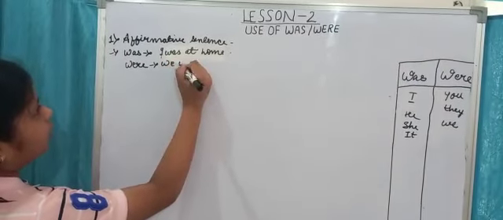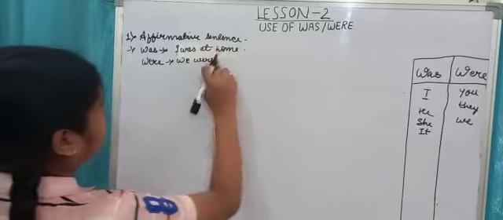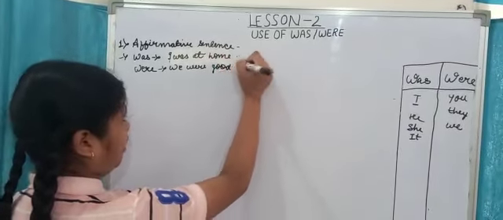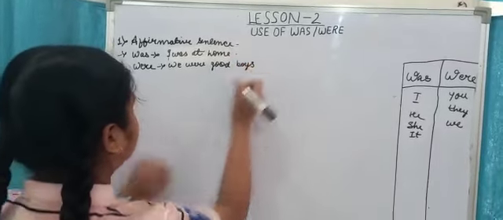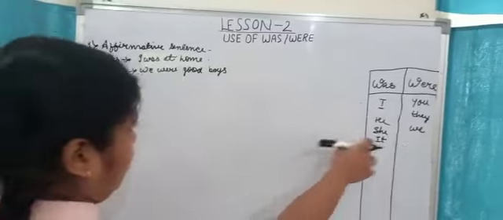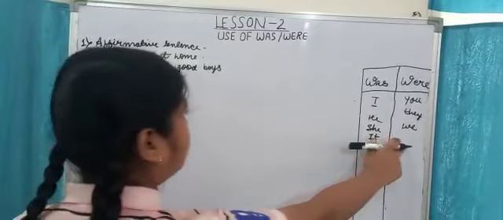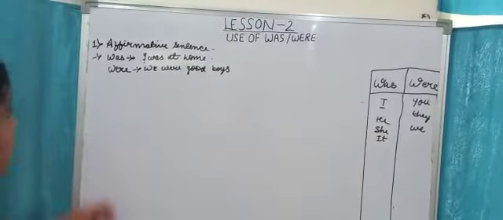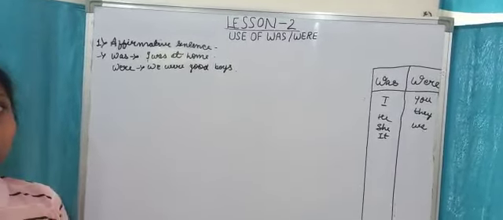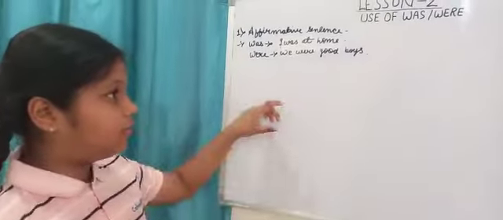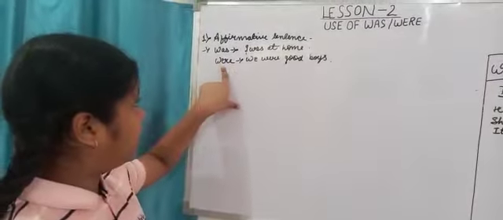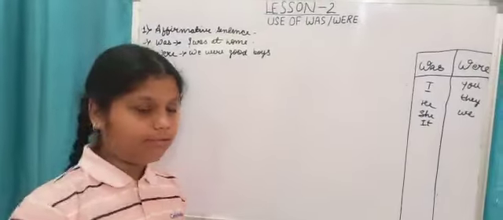We were good boys. In this sentence, we is the plural pronoun used with were. This is the sentence used with was and were, and the rule is that always was is used with I, he, she, it, and were is used with they, you, and we.